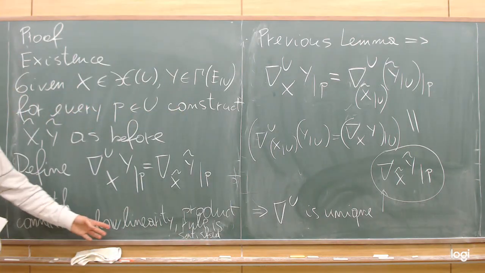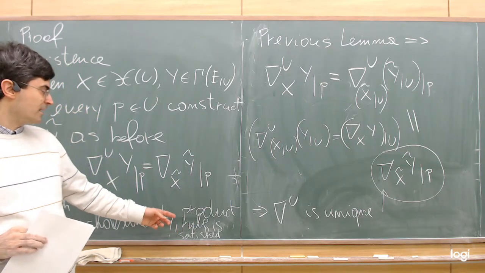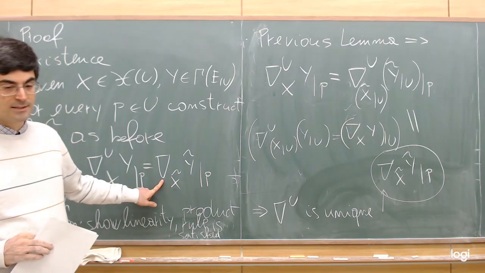Essentially, linearity and the fact that the product rule is satisfied follow from the fact that nabla is a connection.